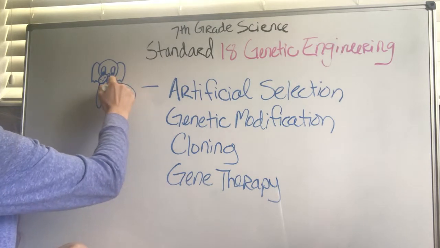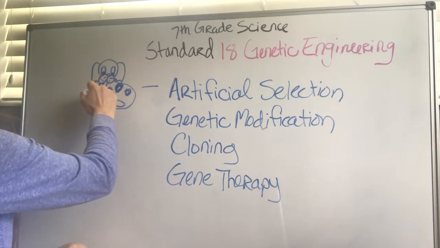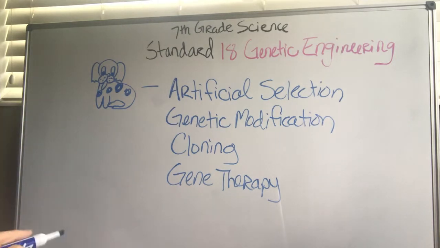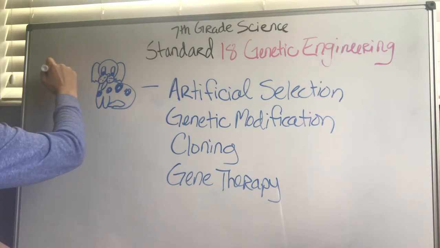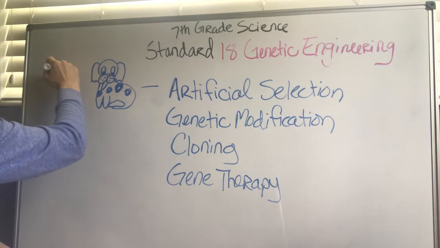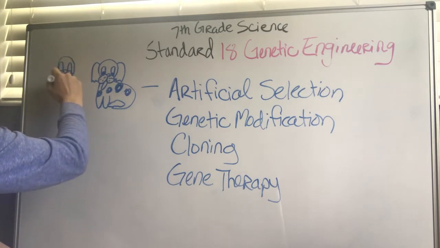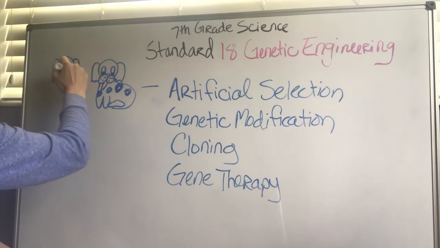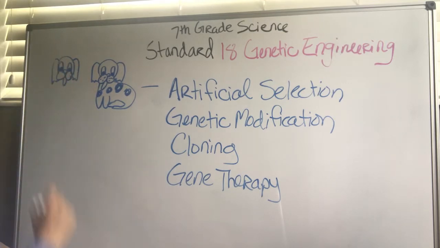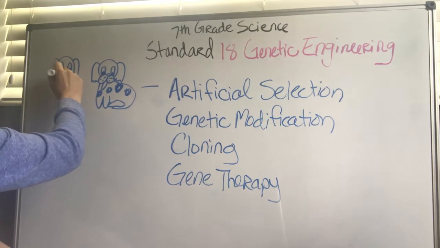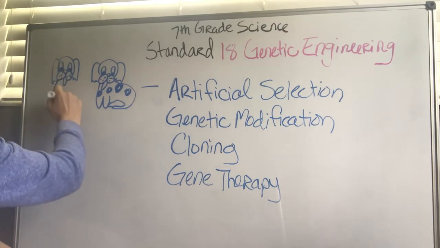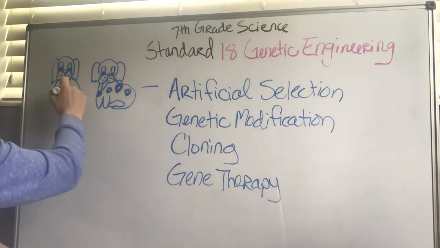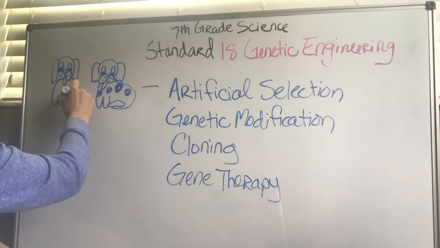Alright, so say this dog has spots as one of its traits, and people want to cross it with another dog. And this dog, let's say, has stripes.